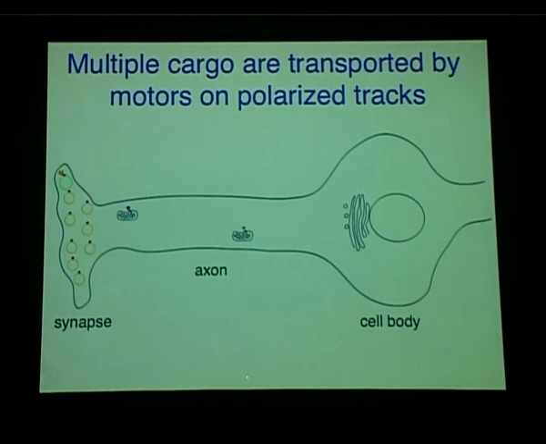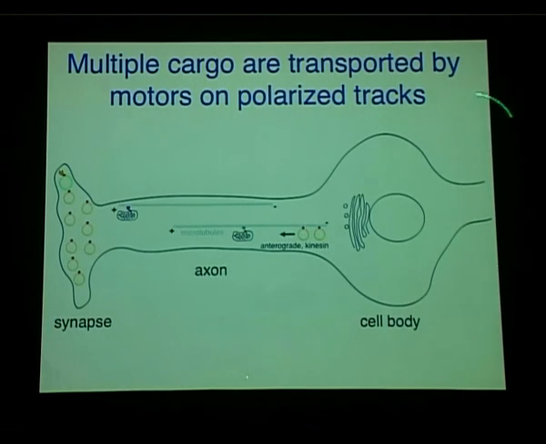And the way the cell has solved the problem is to use a two-part polarized system. The first part of it is the roads. The roads, which are microtubules, are arranged such that the plus end of the microtubules face the synapse, the plus end being the faster growing end and not the charge. And the second part comes from molecular motors.